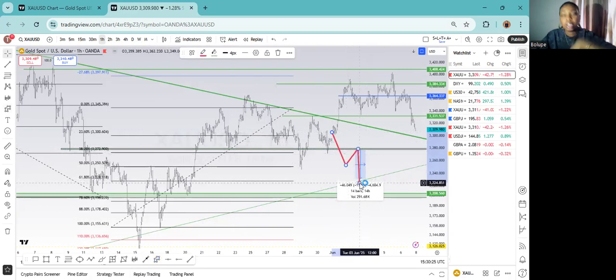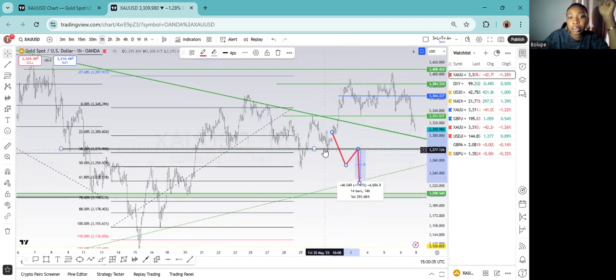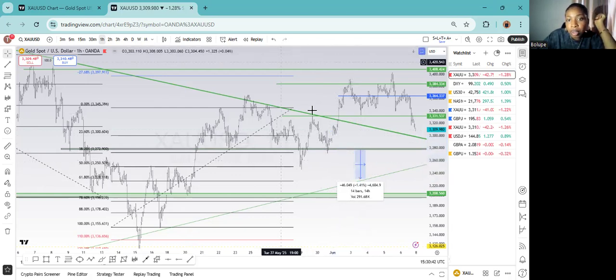That's why we always want to trade what we see, not what we think, because I didn't see that price broke and retested. So I was waiting for a break and retest to validate a sell. But what I got was a break and retest for a buy.